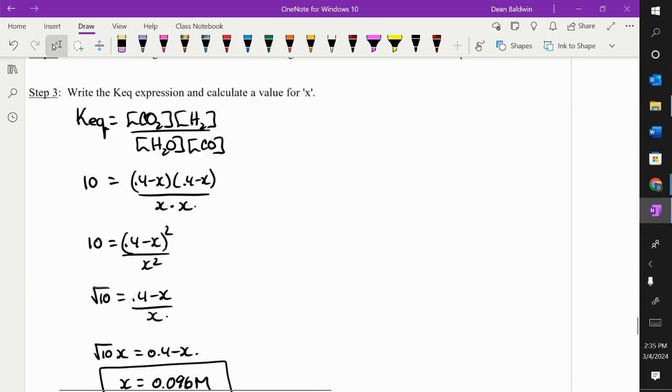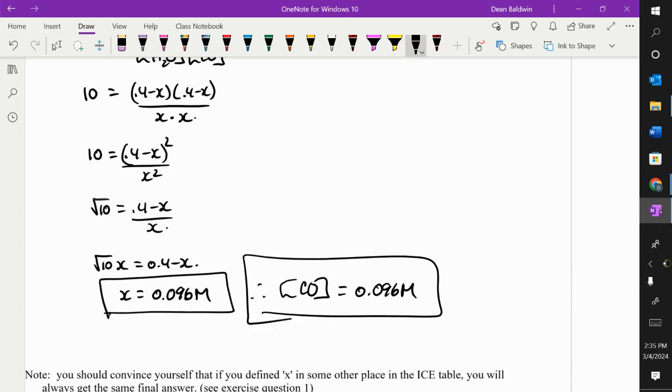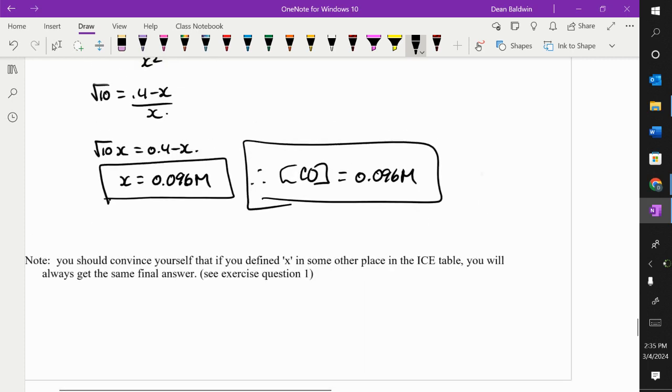The concentration of CO is going to be equal to that. Are we okay? Yeah? All right.